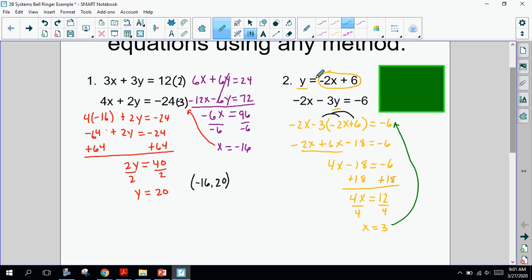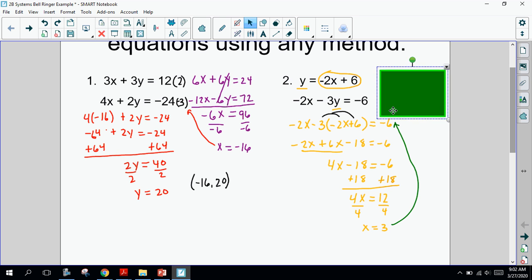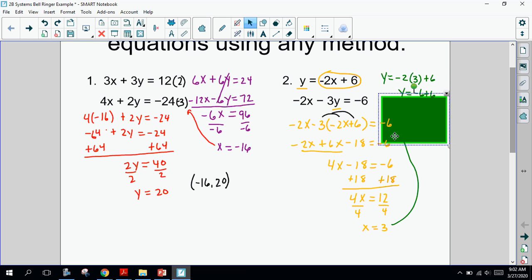And the easiest one to plug into, since I'm solving to get y now, is this top one. So we're going to go ahead and plug into this guy, and I plug in here for the x. So it's going to be negative 2 times 3 plus 6. So let's go ahead and take a look at what happens when I plug that in. I get the negative 2 times 3.